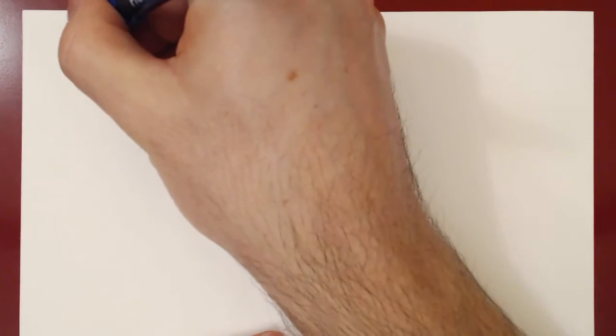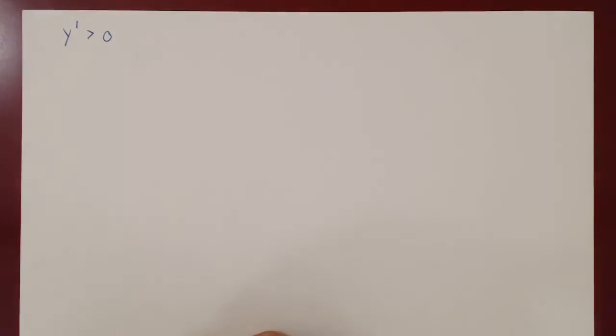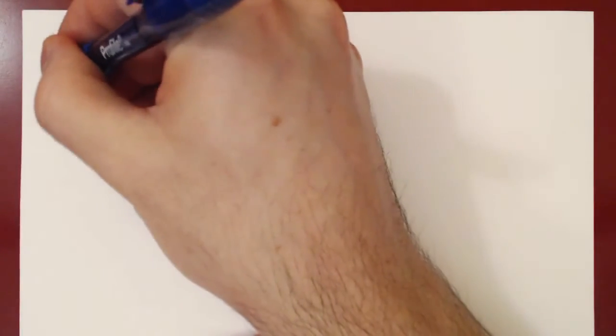So suppose that we wanted to sketch a graph of the function over an interval of x values. Suppose that the first derivative is positive and the second derivative is also positive.